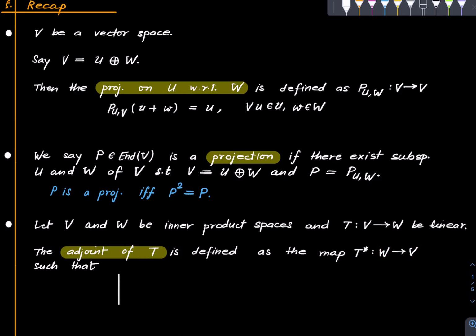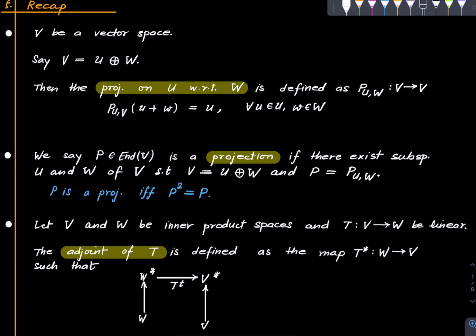There is this bijection between W star and W. This is the transpose map. And then this bijection from V to V star.